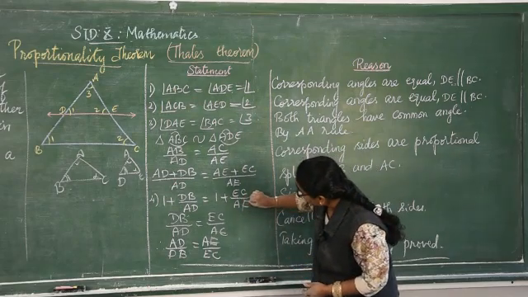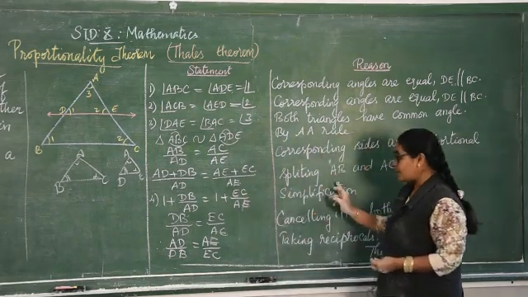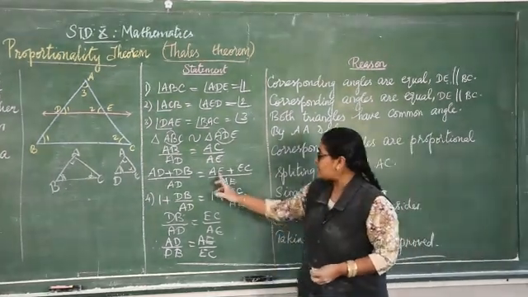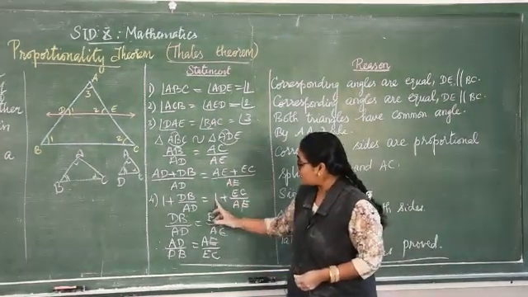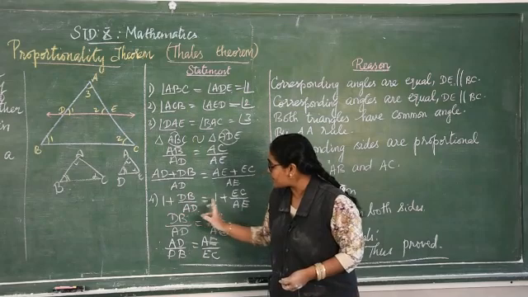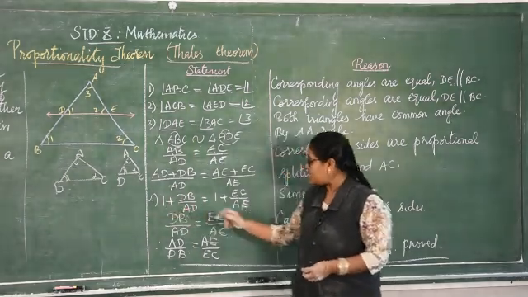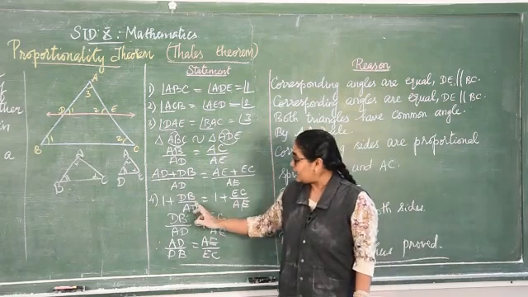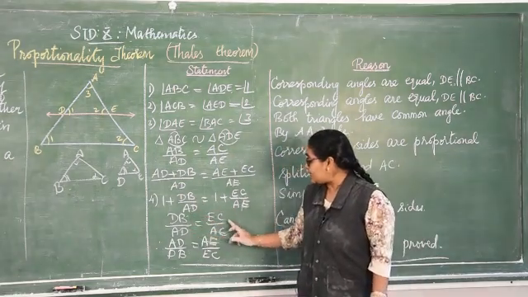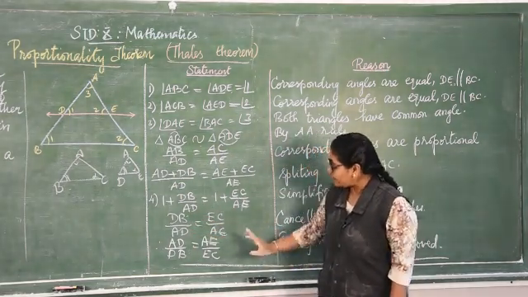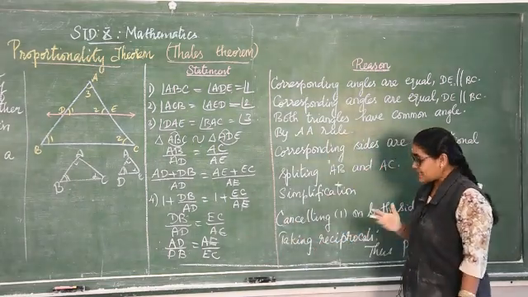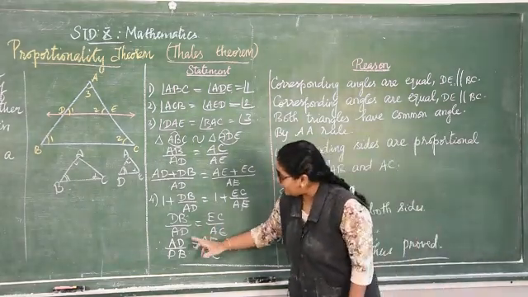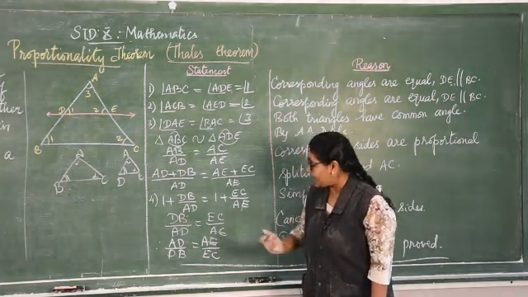So after splitting and simplification, this 1, when I bring this side, will become minus 1. Or we can cancel 1 on both the sides. What we will get? DB by AD equals EC by AE. And taking reciprocals, AD by DB equals AE by EC.